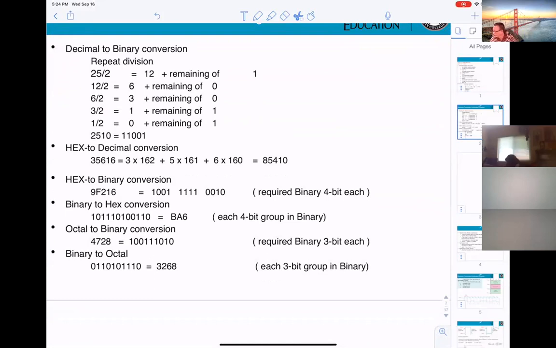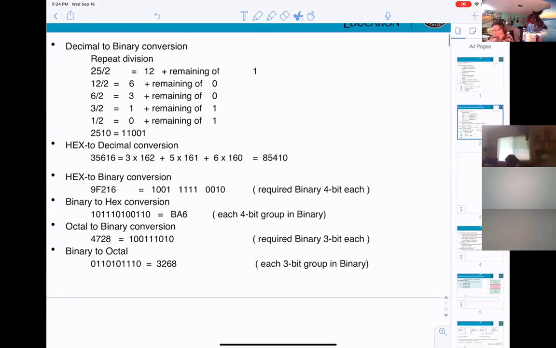Hexadecimal to decimal conversion, we also don't care about, but you will really care about binary to hex conversion. And we don't care about octal, so that's why I'm not talking about octal.